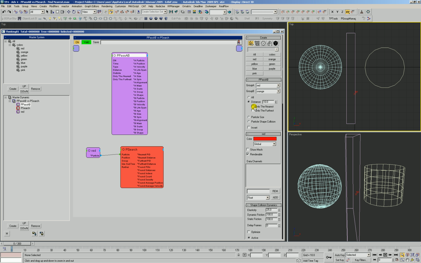Now of course we can limit that and say only the nearest within 10 units. So if there were 5 orange particles within 10 units of the first red particle, then the red particle is going to fire, and then only the one nearest orange particle is going to fire to that B particle group. Okay, here's the other thing. If you turn that off, within 10 units there's only 1 red and 5 oranges.